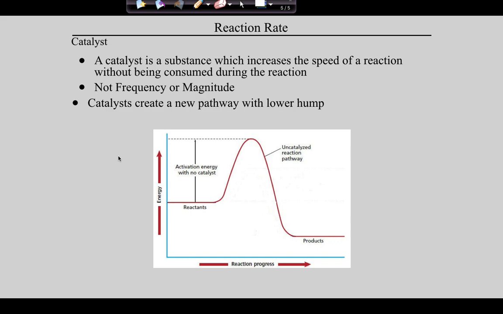Just scratch it in your notes. What do you think it's going to look like? Start at reactants, draw a line to the products, but now draw a line that you think represents what it'll look like with a catalyst. And guys, it actually looks like this. A catalyzed reaction simply has a lower hump.